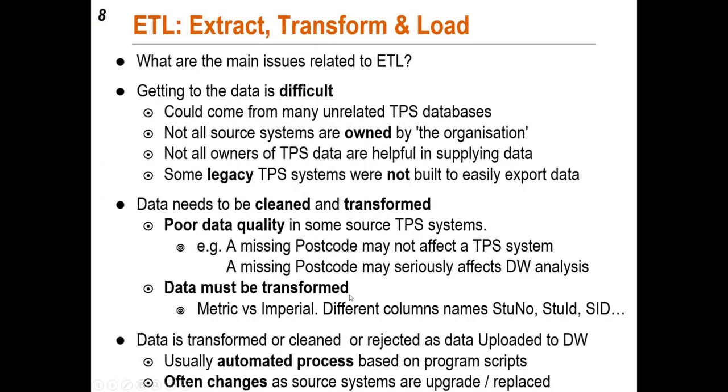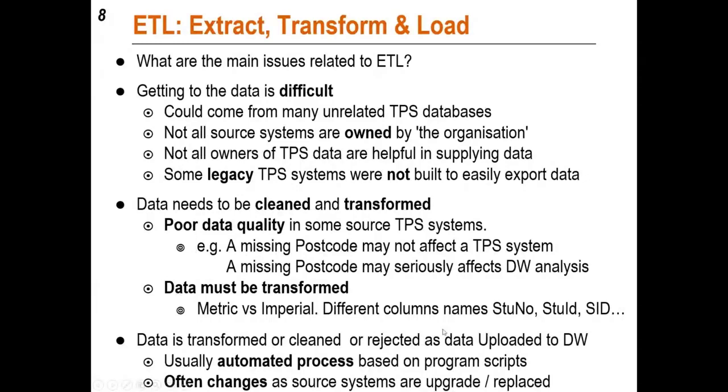And also the column names and different data formats can be a challenge. For example, some columns can be named student number or STD number or SID, etc. We need to transform all of these into a common category before we load the data.